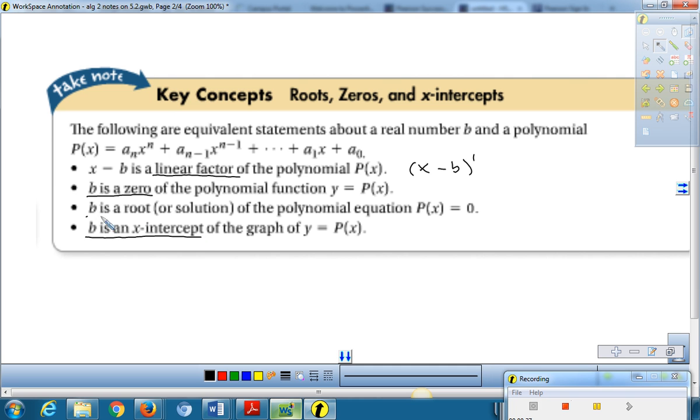The three terms, zero, root, and x-intercept all mean the same thing. If I have some polynomial like that and I ask you to find the zeros, or the roots, or the x-intercepts, I'm asking you to find that point, and that point.